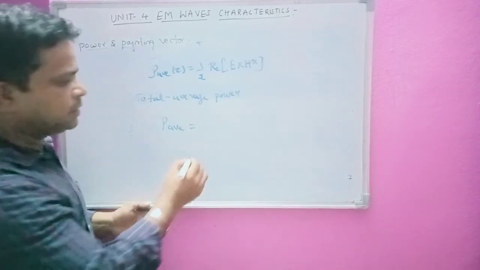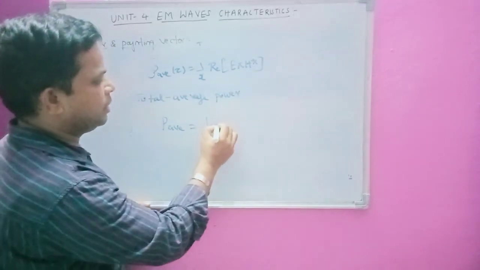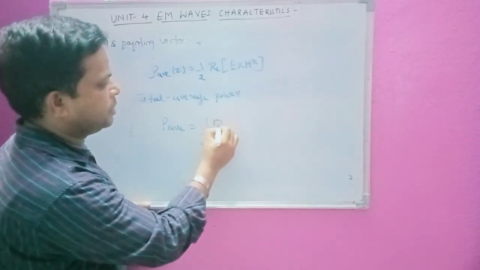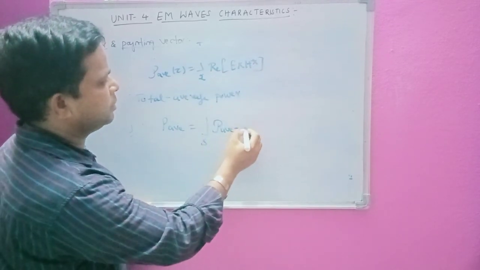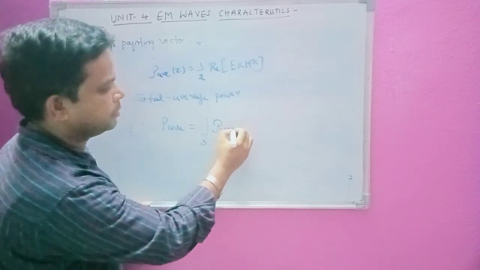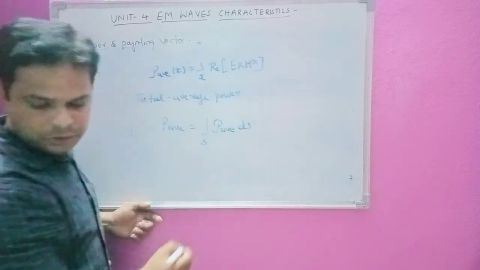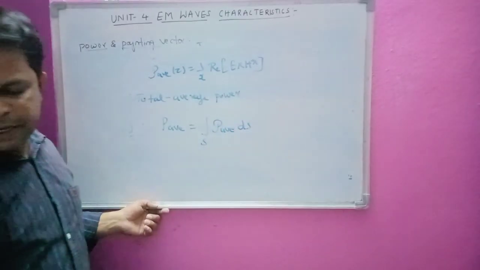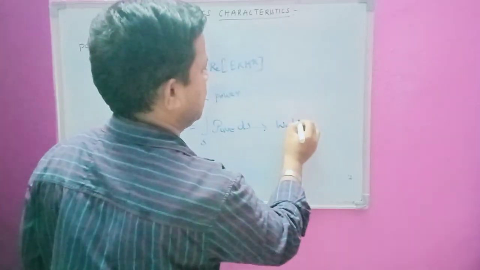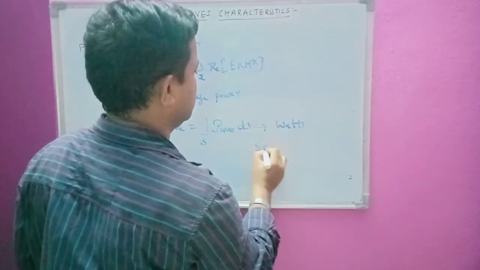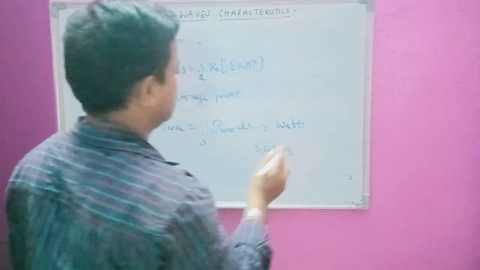So I can write it as the surface integral of the time average power of the Poynting vector dot dS. It is measured in watts, and generally it is a scalar quantity.